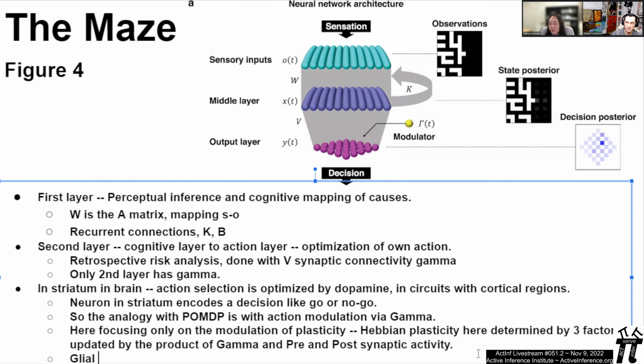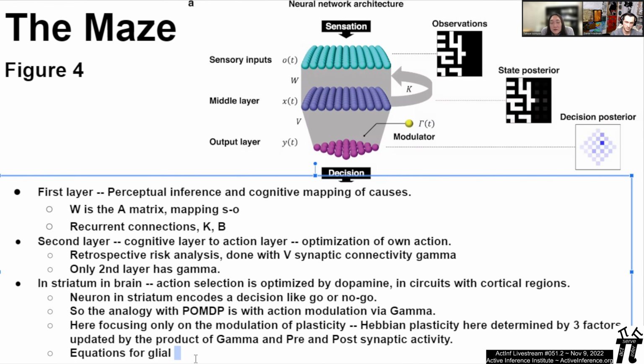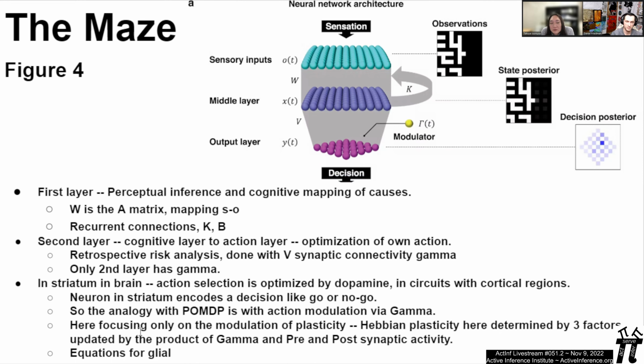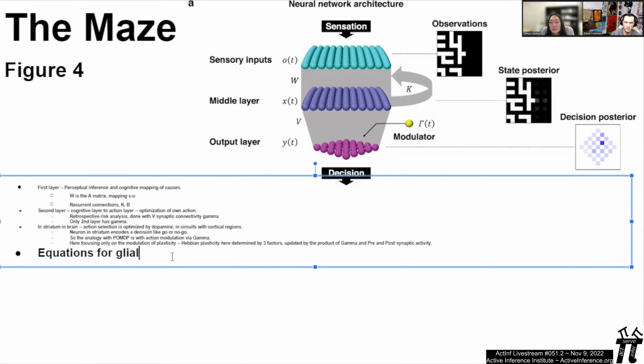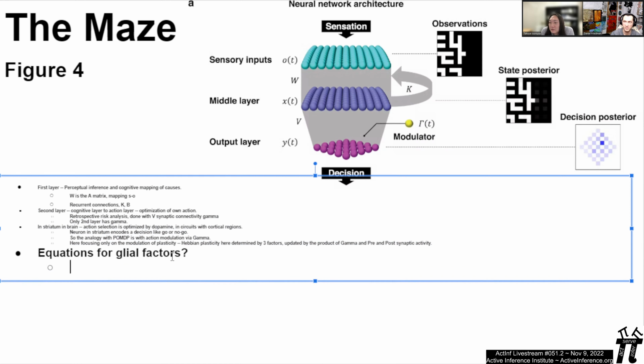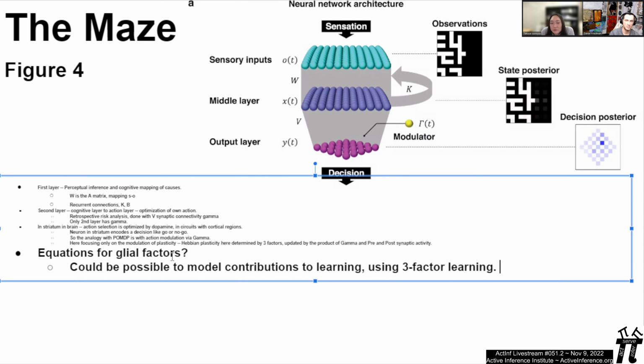There are many discussions and I'm sorry, I don't know the exact form, but one possible implementation is similar to this type of neuromodulation. So it would be possible to model glial contribution to plasticity in the form of a three-factor learning rule, which is mathematically the same as this type of neuromodulation.